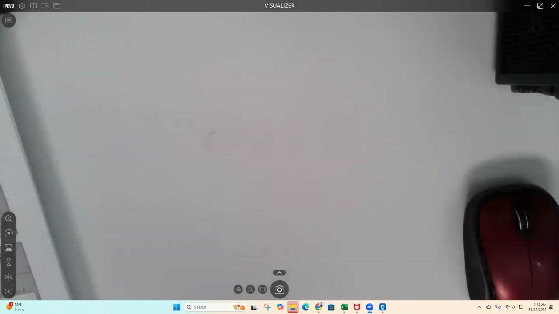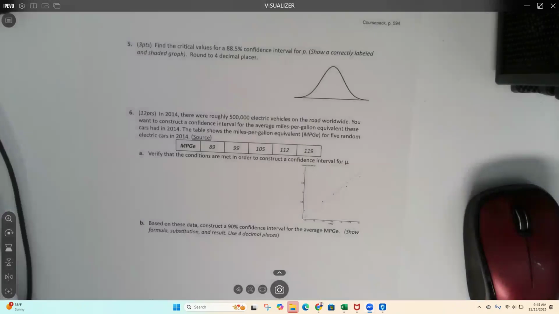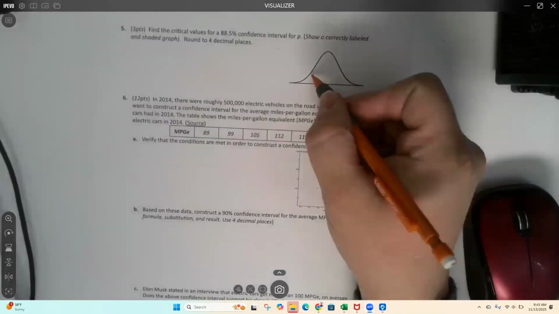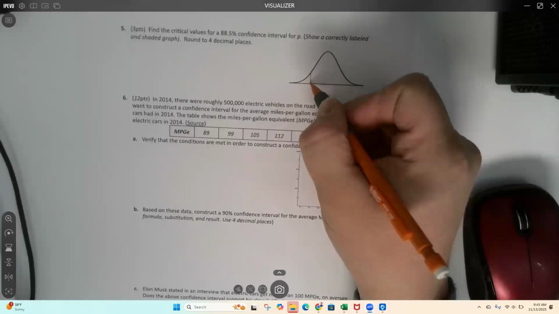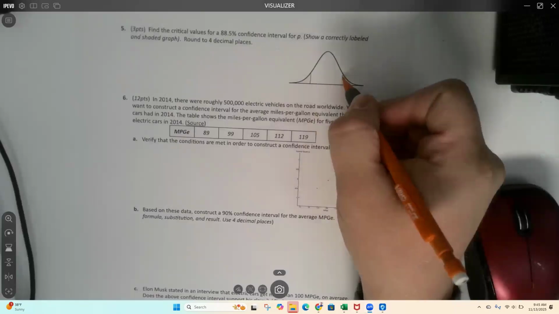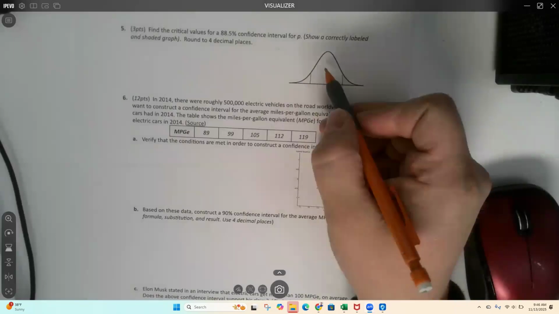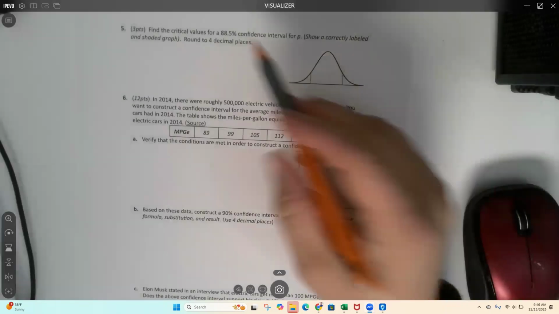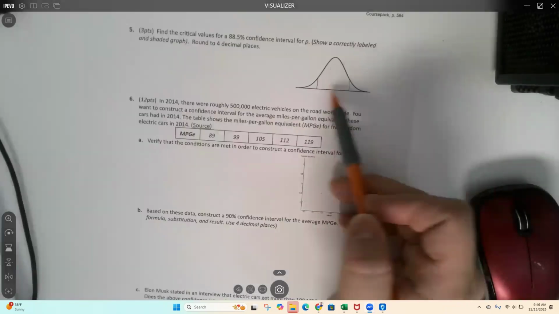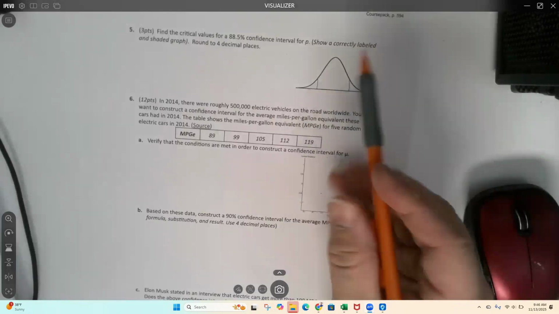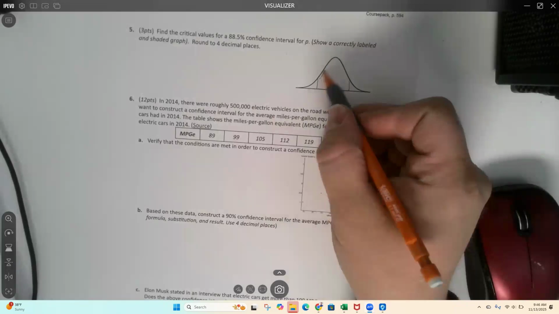Page 594. Find the critical values for an 88% confidence interval for p. Okay. So a confidence interval is always two numbers. It's a lower limit and an upper limit. And our confidence interval is going to be this area. The white space on the outside, that is your error, your alpha.